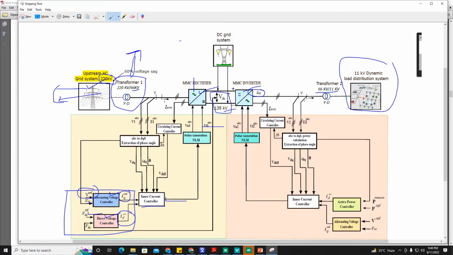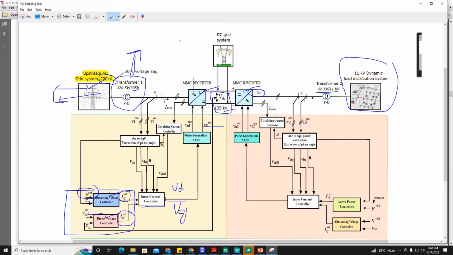Now this inner current control is responsible to take the D reference current, ID reference, and IQ reference, and it gives two components. It gives VD and it gives VQ.